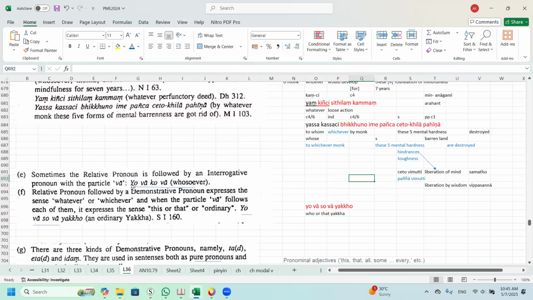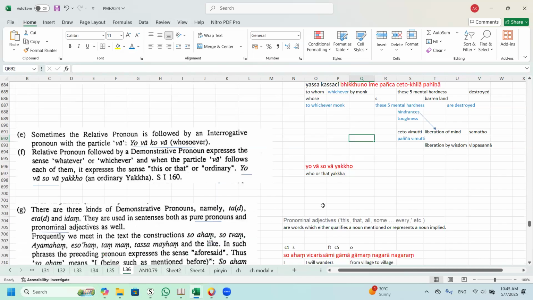You can see here, who or that, yaka. In this case, it is making things difficult.